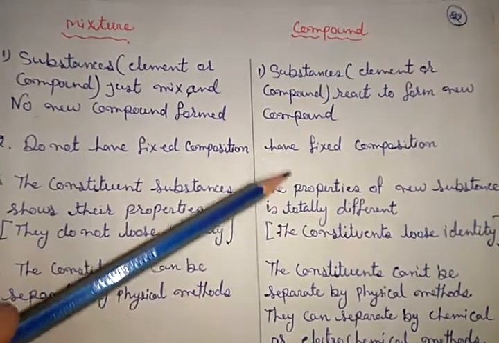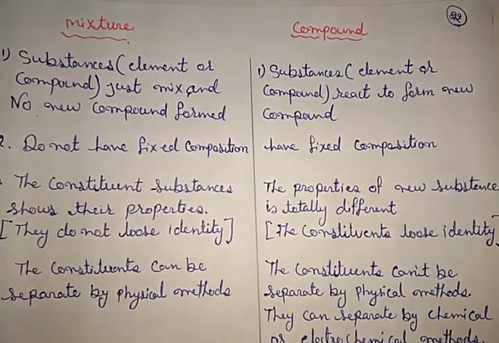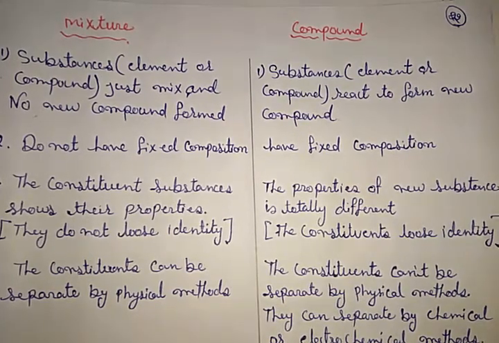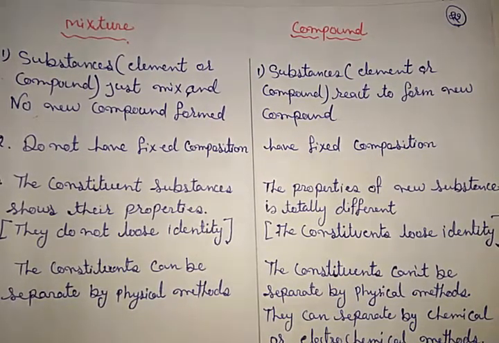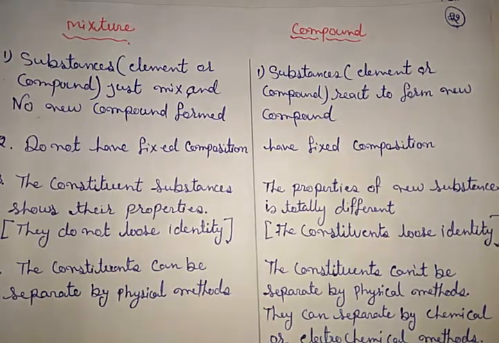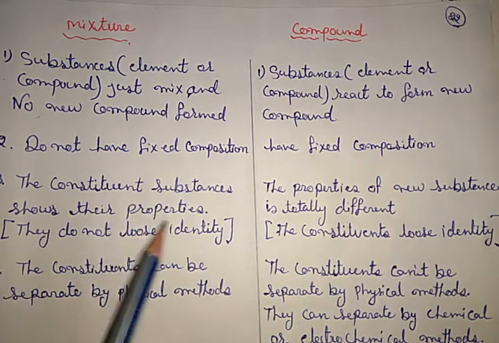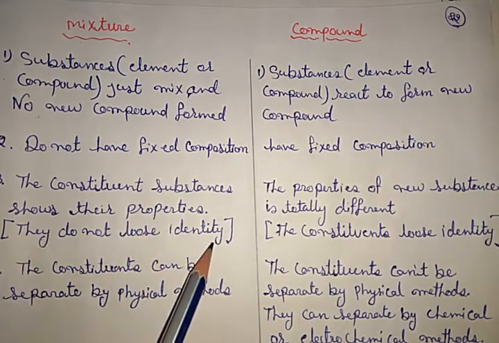But in a compound, they always have a fixed composition, because a compound has a fixed chemical formula, so it has a fixed ratio of constituting substances. Third, in a mixture the constituting substances show their properties, that means they do not lose their identity.